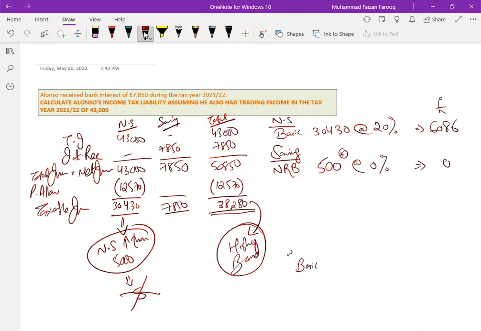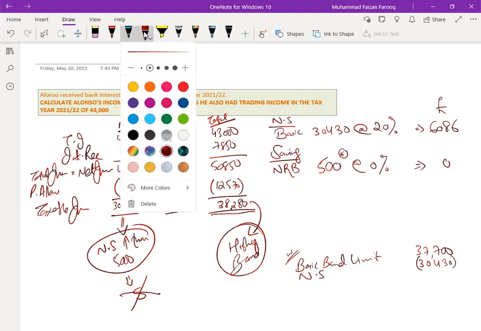Now see, one working we used to do earlier. Basic band limit is how much? 37,700, right? Non-savings used 30,430. How much left? 7,270. Now I am changing the color of the pen, so it will be easy for you to memorize.